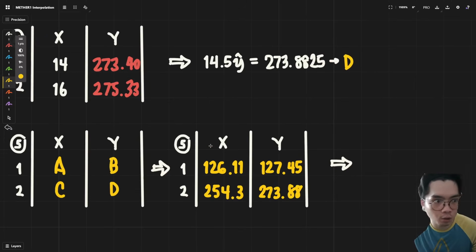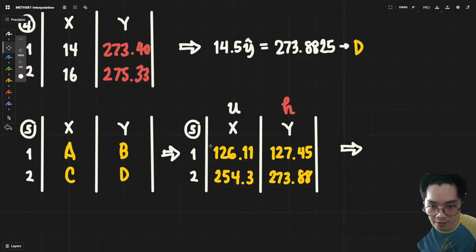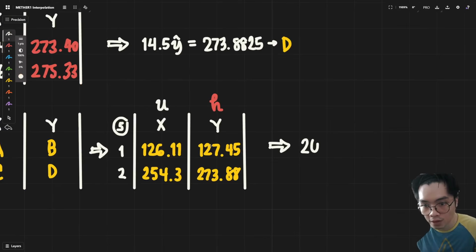If you remember, all of your values in your x column are values of u, and all of your values in the y column are h. So that means we are now asking for what is the corresponding y hat for 200 kilojoules per kilogram, right?